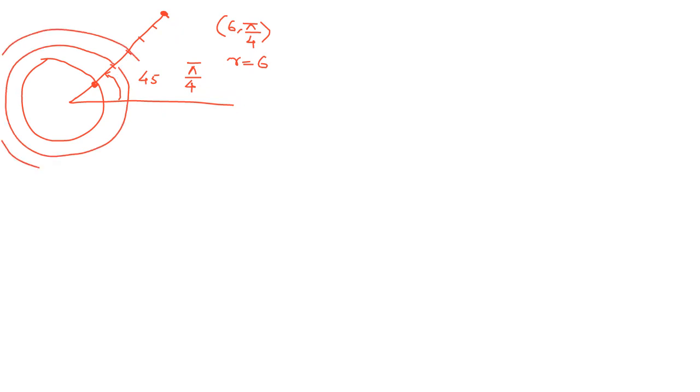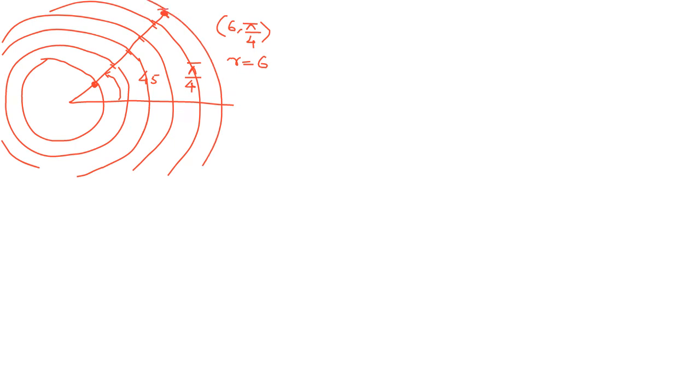If it is 2, 3, 4, 5, or 6, it is like this one. So we have 6 points and an angle of 45. How many points we have represents the r, and the angle between the two rays represents the theta.